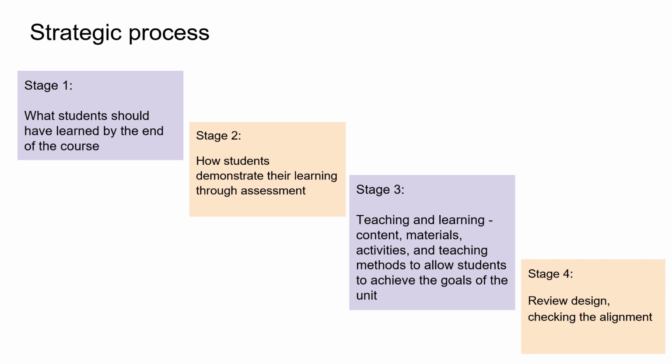This is sort of what we were talking about before as well, about design thinking. It's a continual process where we keep coming back to checking things. It's cyclical. We want to make sure that everything makes sense and works for what we're actually trying to teach.